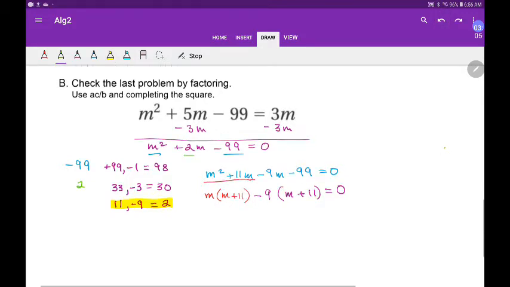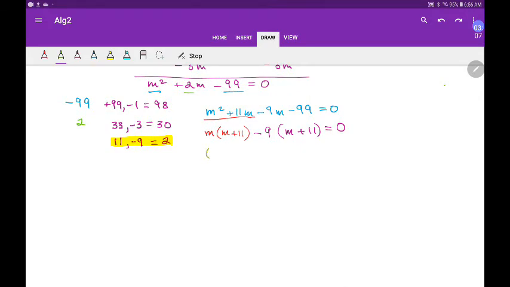And we'll say, okay, that means one of my factors is m plus 11. And then I'm going to say, let me take the leftovers. Here are the leftovers. And I'll build my other factor with that, m minus 9, okay? And if I were to multiply my binomials, this binomial and that binomial, if I use FOIL or if I just do it the way we've been doing it, I will get back to the original equation.